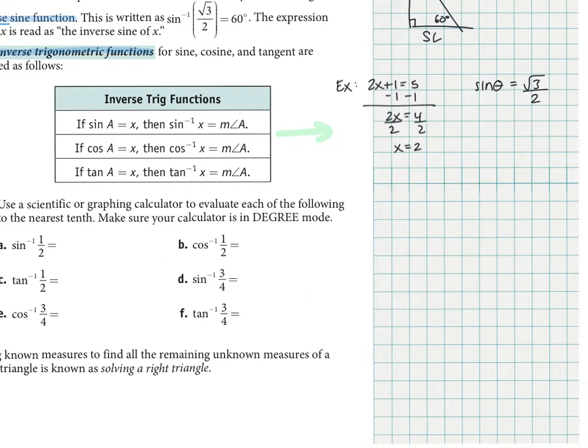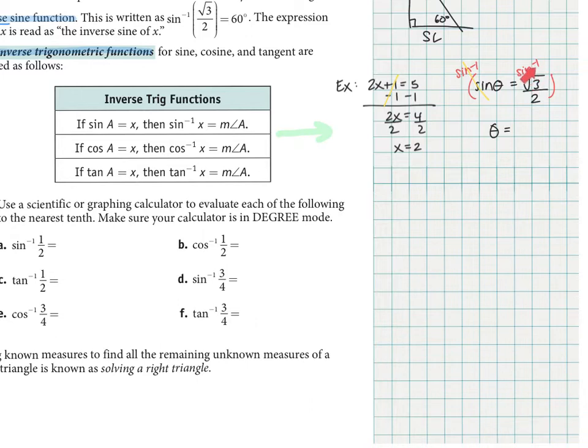So what I technically have to do is take the inverse sine of both sides. So we have inverse of sine and sine. Just like over here, they cancel out. Sine and inverse of sine cancel out, so I'm just left with theta, whatever my angle is.